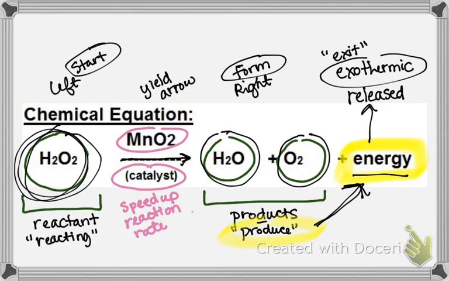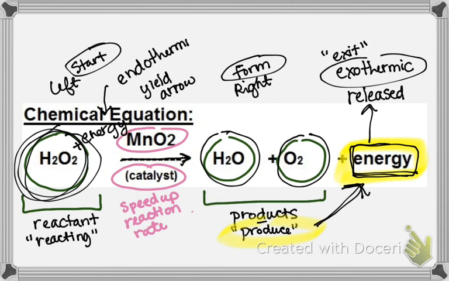Now, to be endothermic, this energy we see right here would have to be over here on the reactant side, okay? So if energy has to be put into a chemical reaction, it will actually be on the reactant side because you're having to put energy into the reaction so that it will take place.